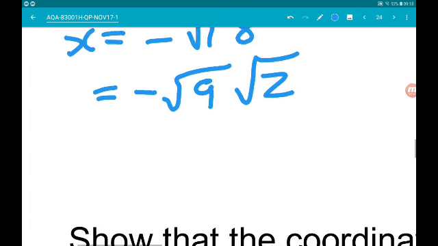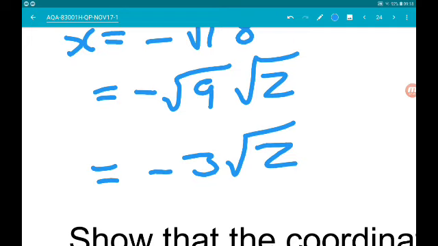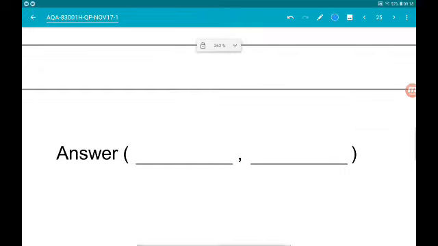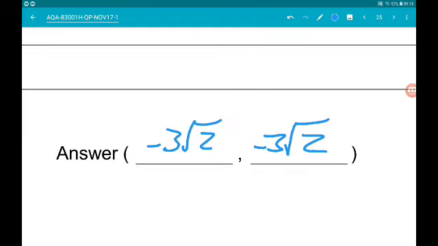Root 9 is 3, so this is minus 3 root 2. Now we know at this point y is equal to x. So the coordinates are minus 3 root 2, minus 3 root 2.